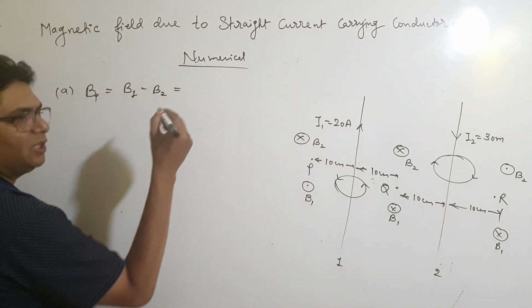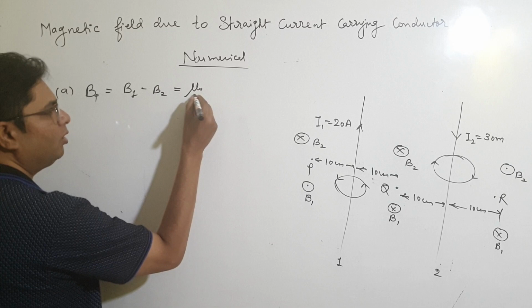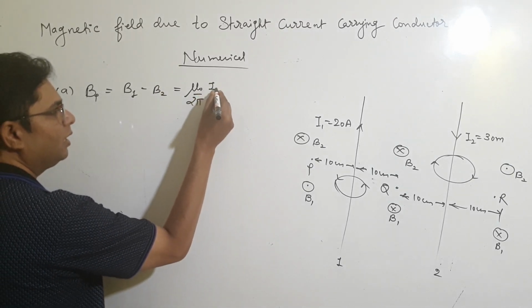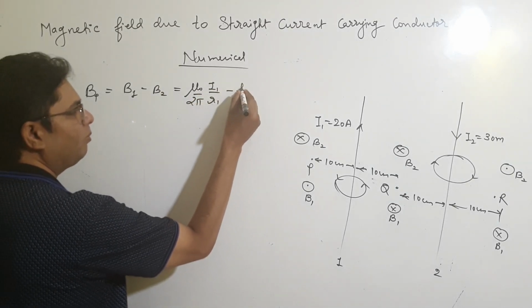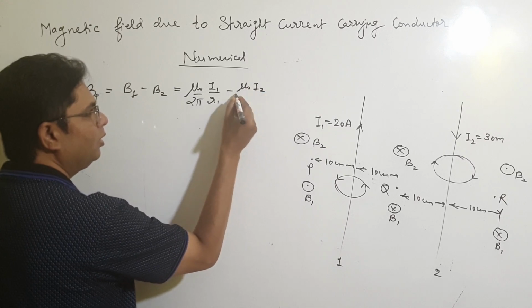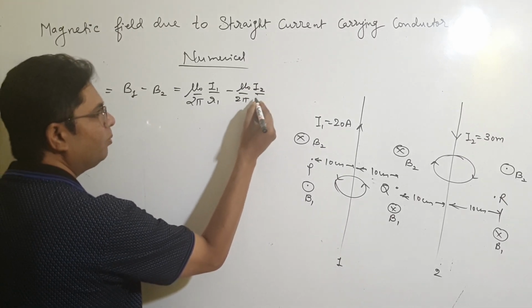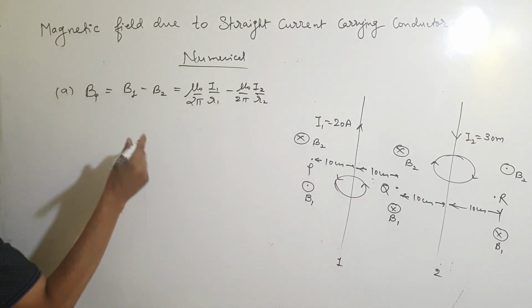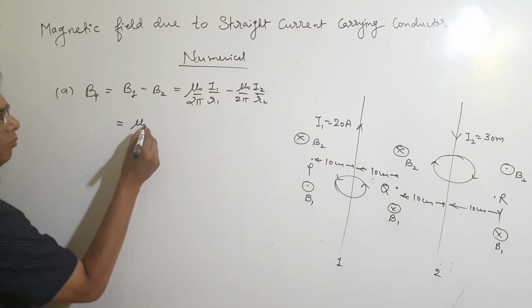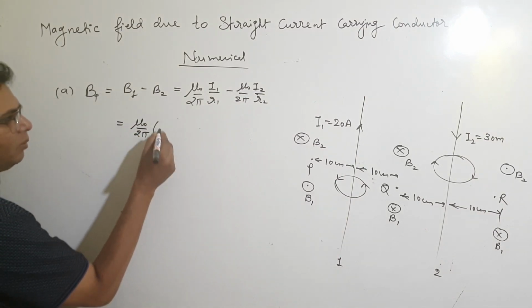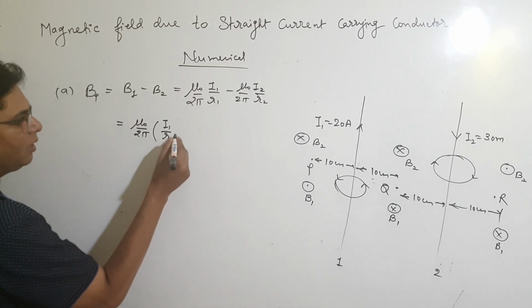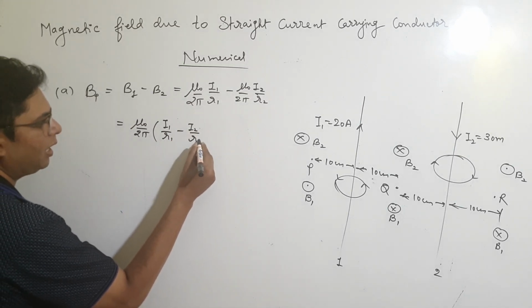Now what is the formula we get? We get mu naught upon 2 pi I1 upon R1 minus mu naught upon 2 pi I2 upon R2. Let us take the common terms outside. You have mu naught upon 2 pi, under bracket, I1 upon R1 minus I2 upon R2.